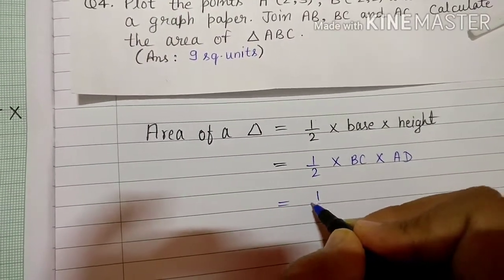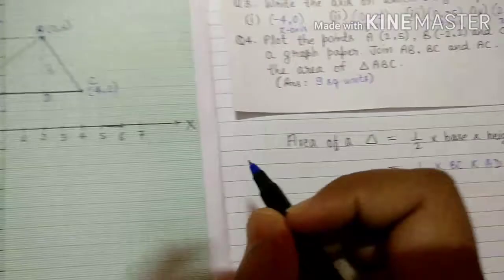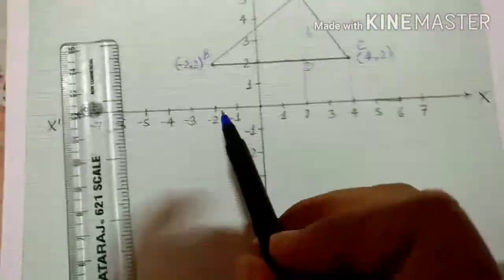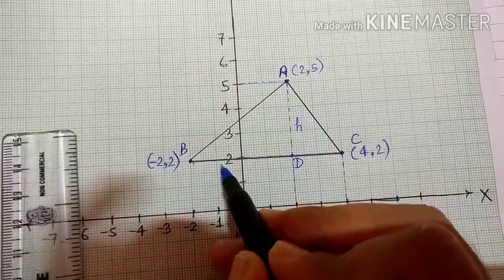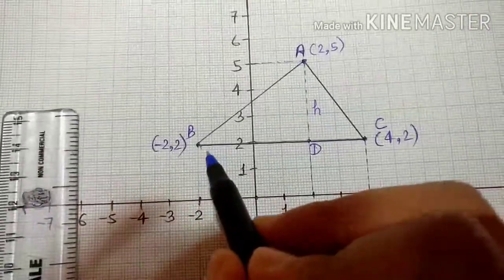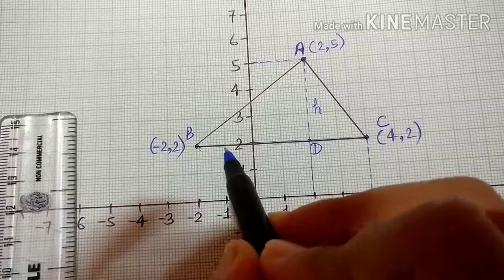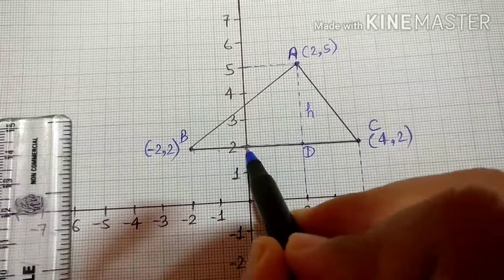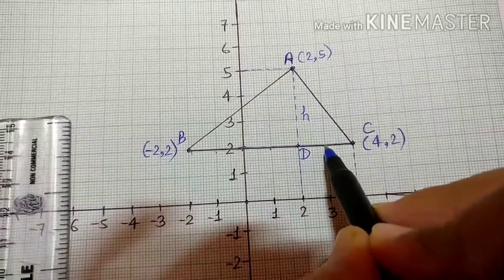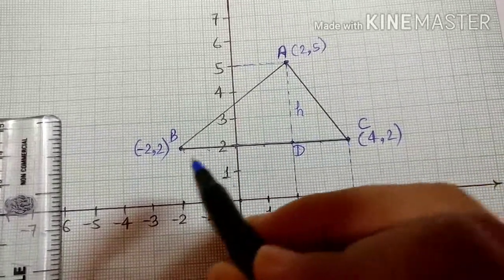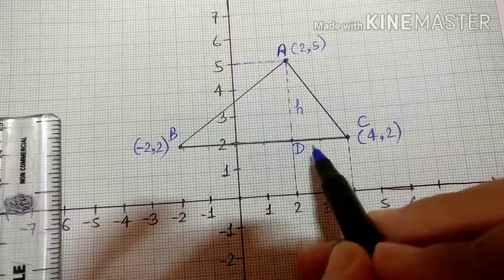Now just check the units. Half into BC. Now how many boxes are coming? Just check here. Just look carefully. One box from here to here, and from here to here second box, then this is third, then this is fourth, then this is fifth, and finally sixth. So how many boxes are coming under this BC line? 6 boxes.